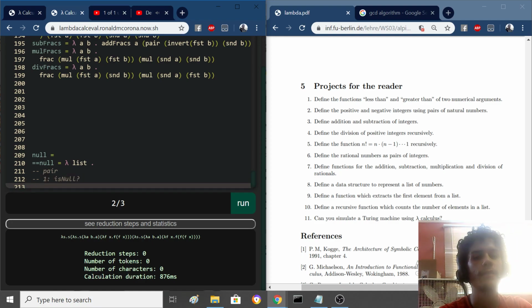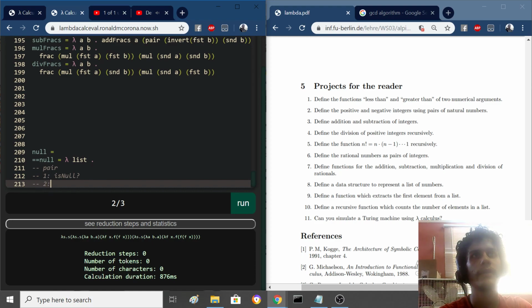And then the second element of the pair is going to be another pair consisting of the actual first element of the list, the head, right? The actual first element, however that makes sense to you.